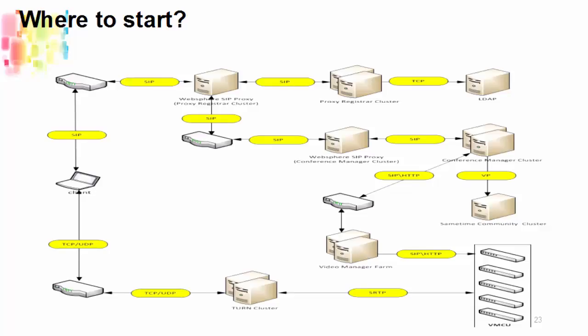So the first thing as far as where you're going to start is doing your best to understand where the problem is starting to break down, and what your SIP messages are and what your clients are showing you will help you get there. So let's go to the next slide.